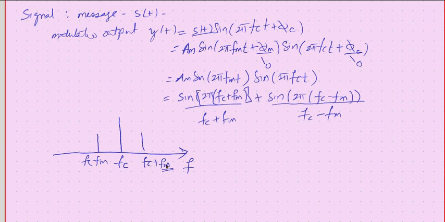So it can be the upper sideband, or the lower sideband, or all together can be used for transmitting the signal from one end to the other. So in analog amplitude modulation, we have one carrier frequency, one lower sideband, that's fc minus fm, and the upper sideband, fc plus fm. So three signals will be available.